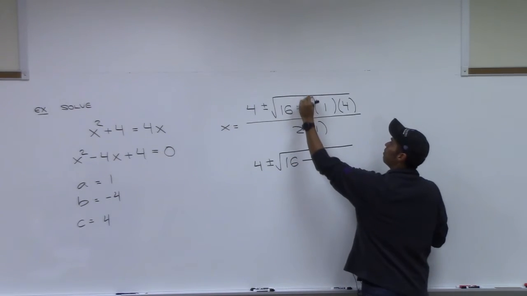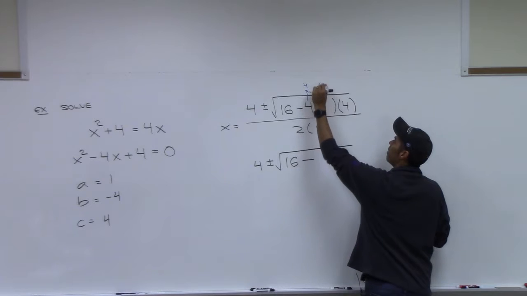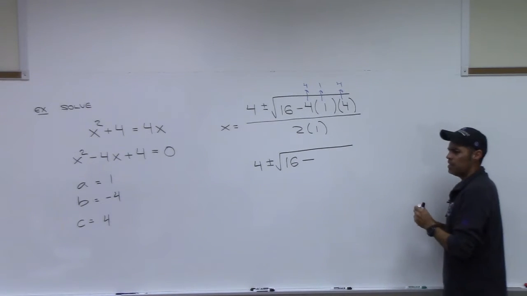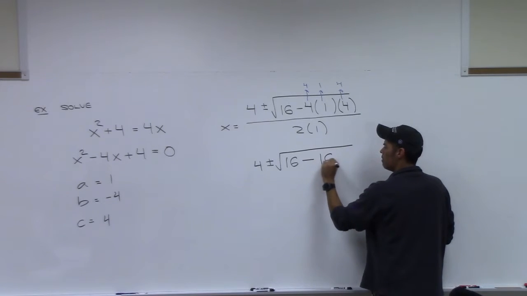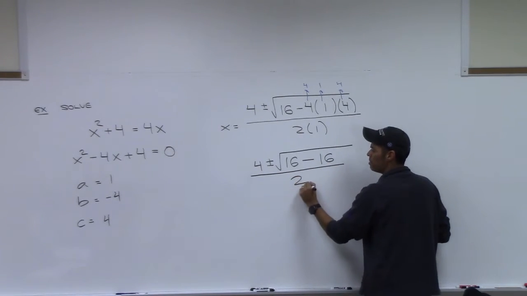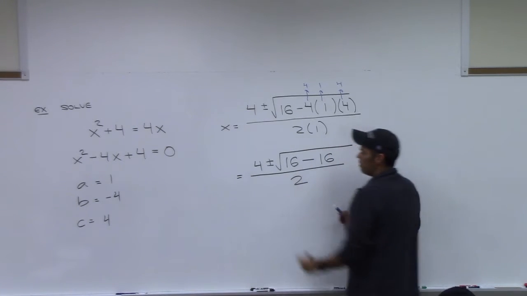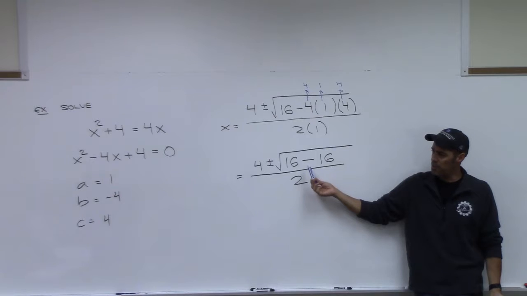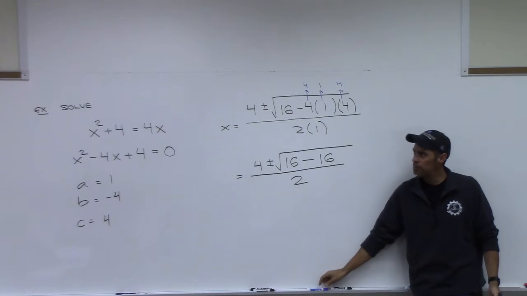And now I just multiply these numbers, not caring about their signs, which gives you 16. That's weird. Okay, 16 minus 16 over 2 times 1 is 2. So this is 0, right? What's the square root of 0? 0.